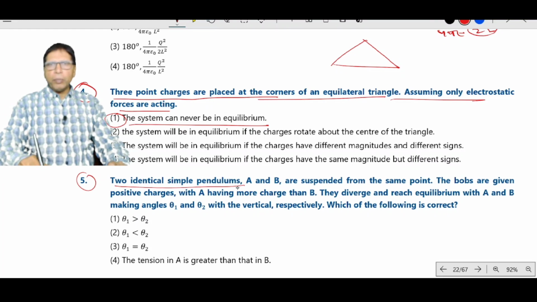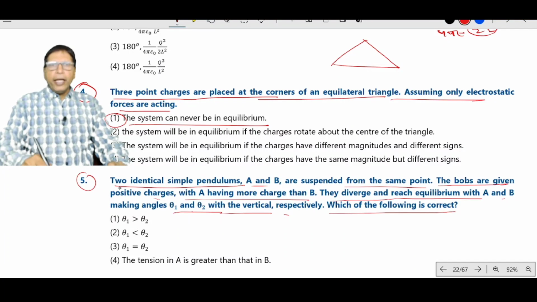Now question number 5. Two identical simple pendulums A and B are suspended from the same point. The bobs are given positive charges with A having more charge than B. They diverge and reach equilibrium with A and B making angles theta 1 and theta 2 with the vertical respectively. Which of the following is correct?